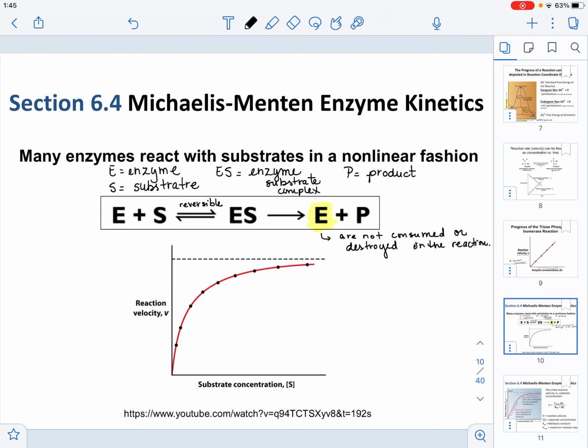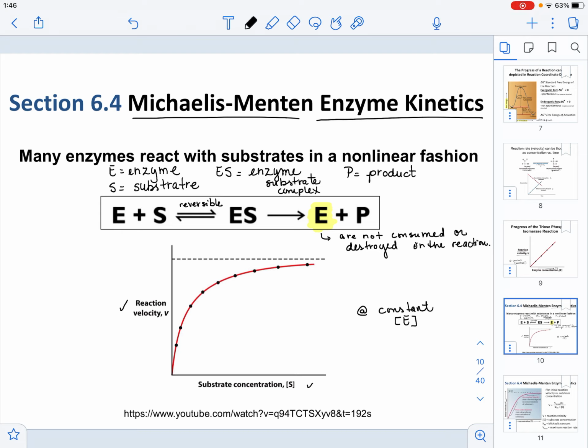Now, as I mentioned a few moments ago, enzymes react with substrates in a non-linear fashion. So many enzymes have what is called Michaelis-Menten enzyme kinetics. And this is just based on the scientists that made these discoveries. As you can see at the bottom, this illustrates what the relationship between the substrate and the reaction velocity looks like at a constant concentration of enzyme.